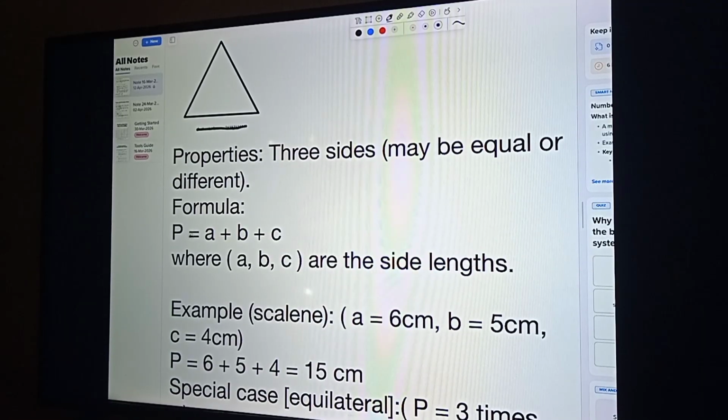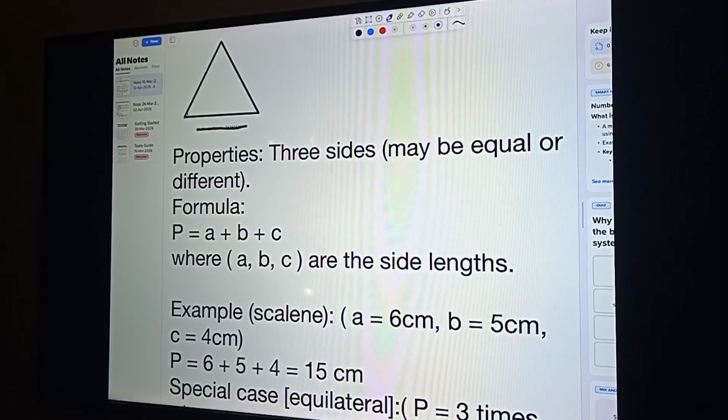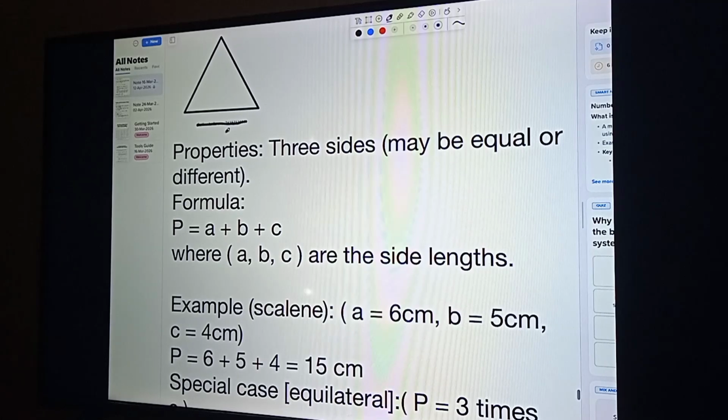The formula for the perimeter calculation is A plus B plus C, where A is the first side, B is the second side, and C is the third side.